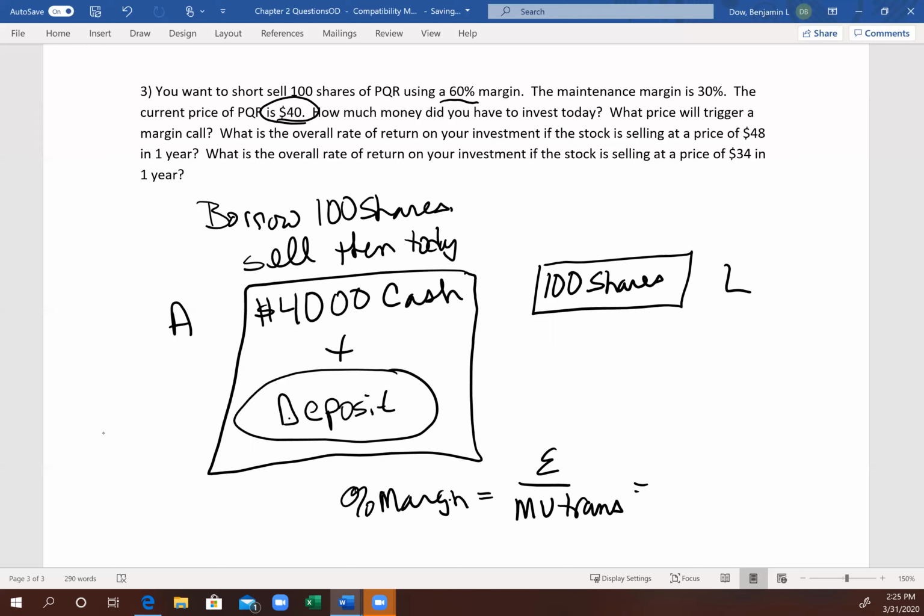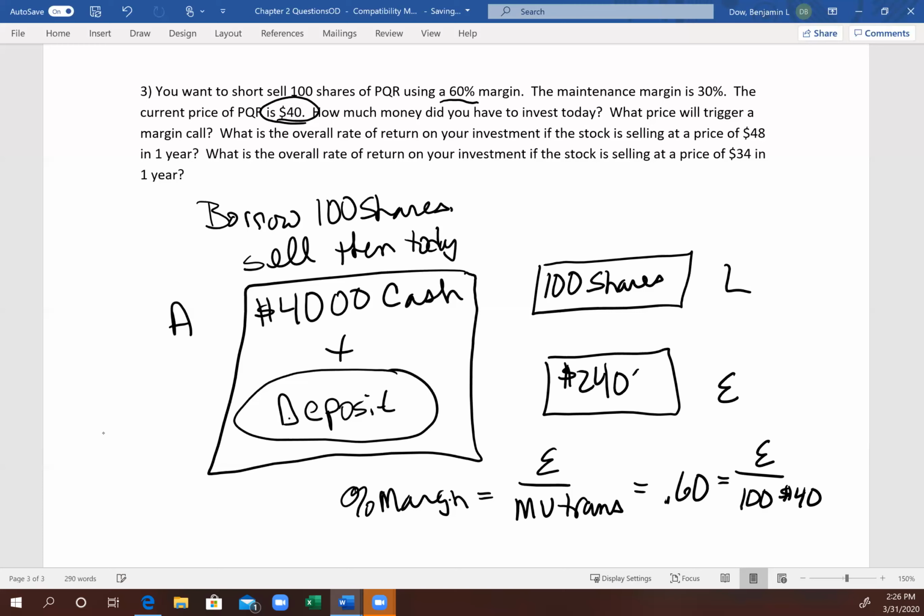Since we want to set this up at 60% and the market value of the transaction for 100 shares at $40 is $4,000 multiplied by 0.6 means that our equity position is 2,400. Just solve for E.